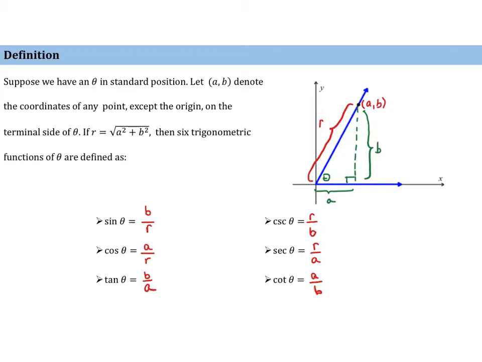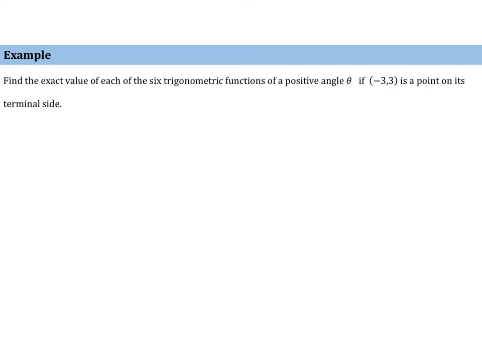They are merely coordinates of an ordered pair on the terminal side. So let's take a look at an example.